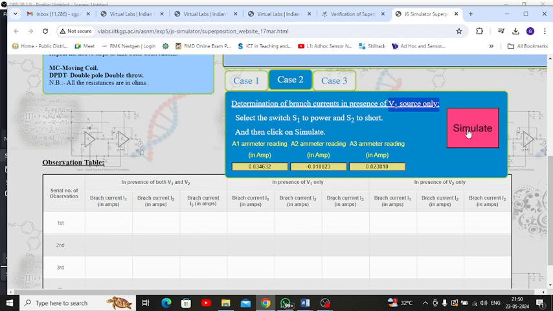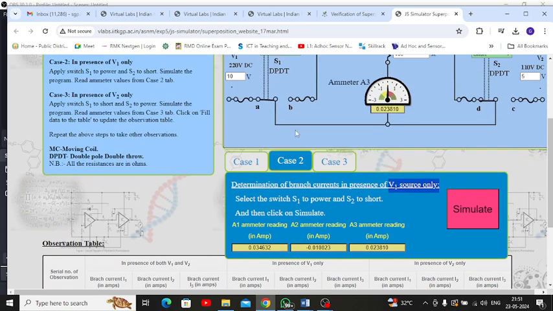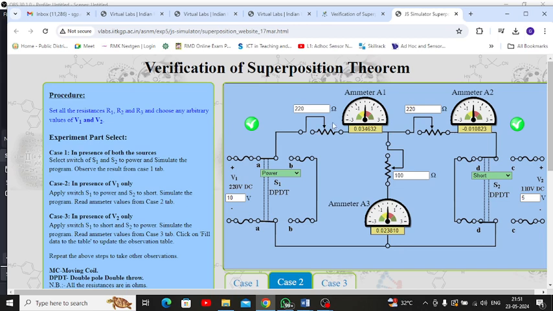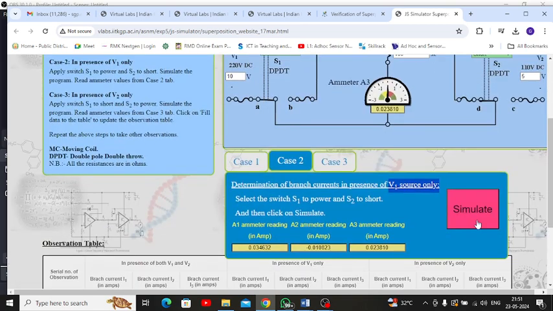I1 is about 0.0346, here we get 0.0238, and this is 0.010 with a minus sign since the polarity is reversed. The current flowing through the 220 ohm is divided between ammeter 2 and ammeter 3.